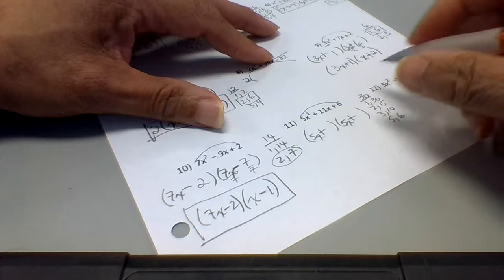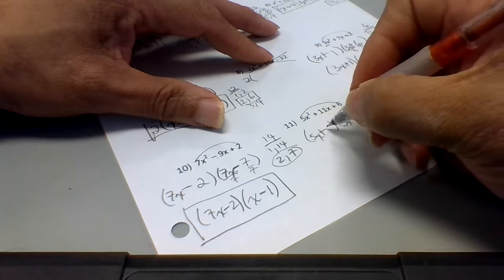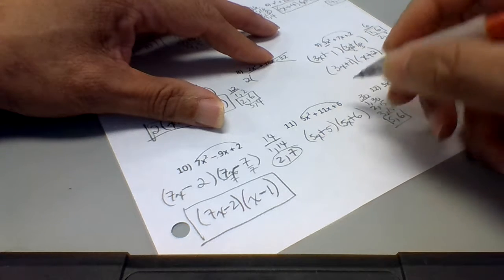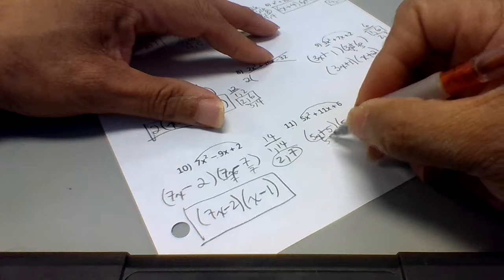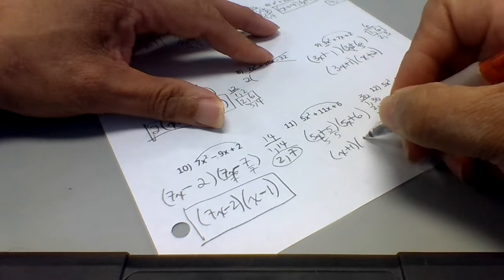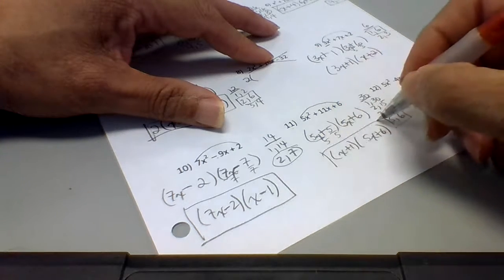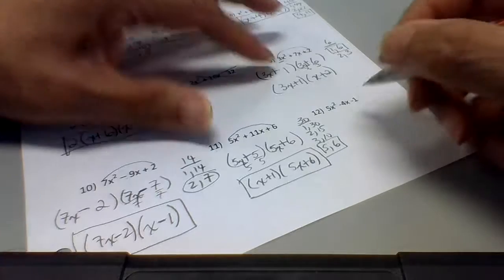Which two added together will give me 11? So 5 and 6. They have a 5 in common, so x plus 1 and 5x plus 6, excuse me. So there we go.